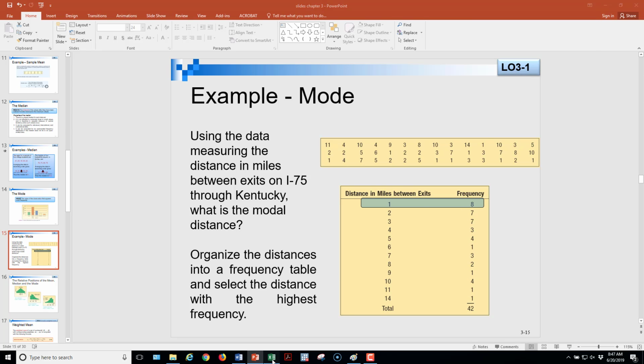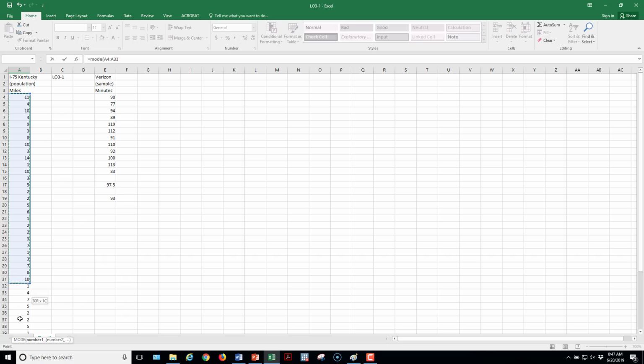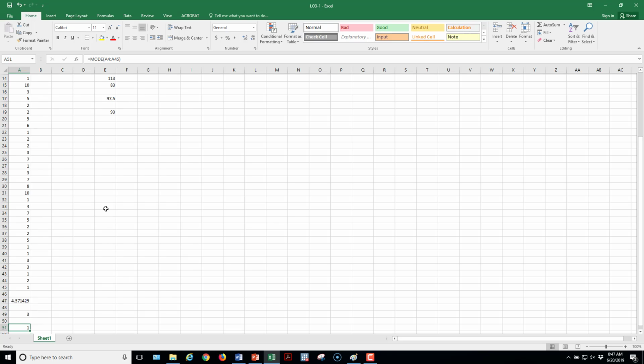Now, if we go to Excel here, you can calculate the mode too. You can type equal mode, open parentheses, and again select the data, close parentheses, and here at the bottom you see it is 1.